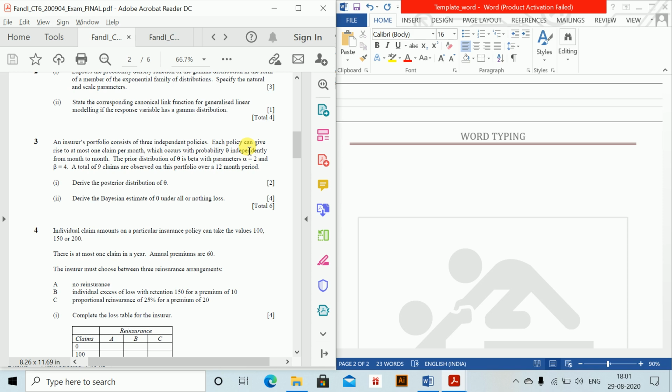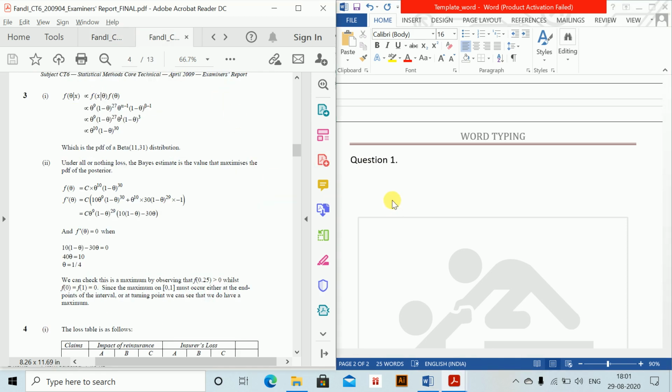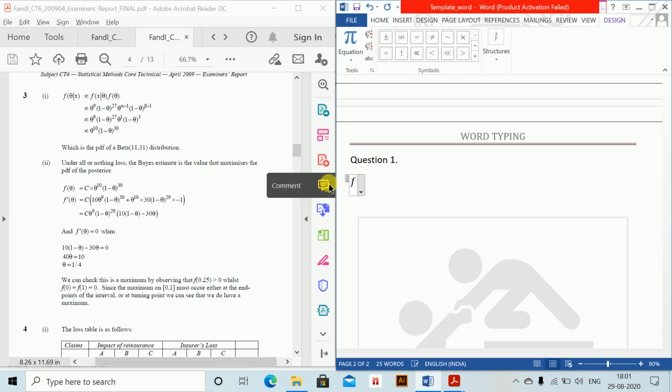So let's do this. Question 1. First, f of theta given x.